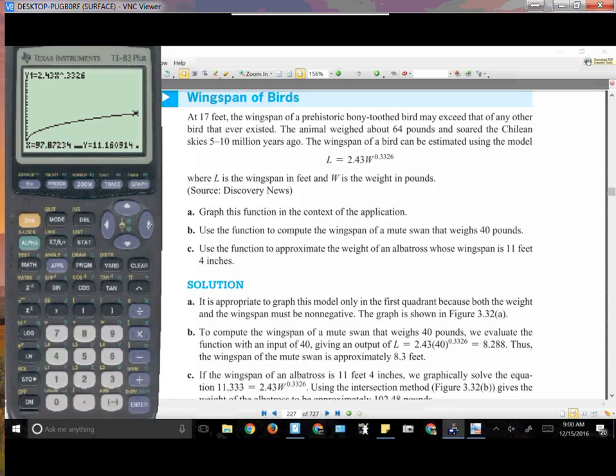So if I hit it one more time, I get 1.62024. So the thing would have to weigh 100 pounds to get 11 feet, 4 inches. Ever seen an albatross? Can't say that I've seen an albatross, but I guess they're fairly large critters.